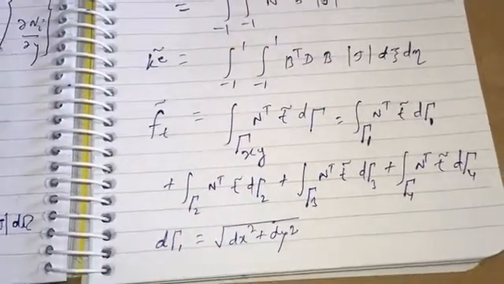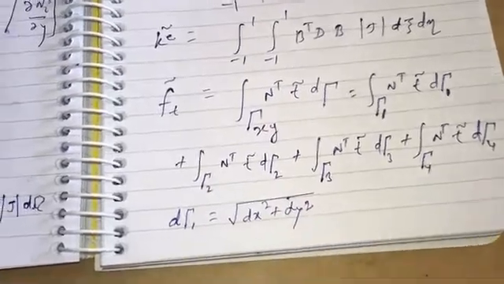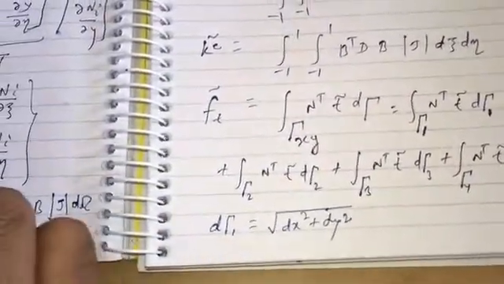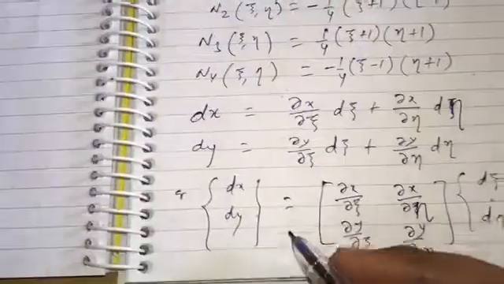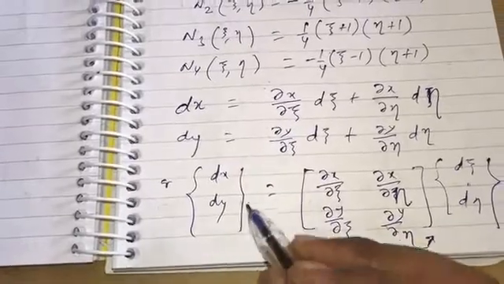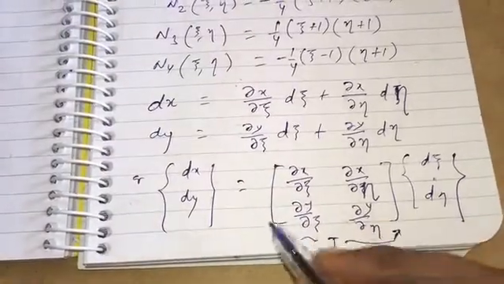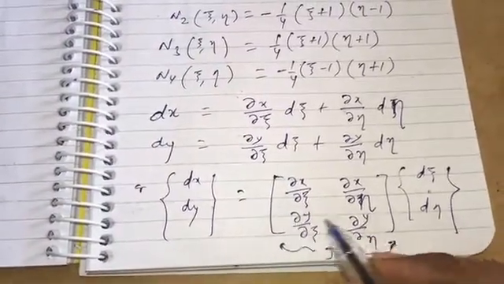So this relationship we can use to find out d gamma, where dx and dy can be found out from here for different gammas.